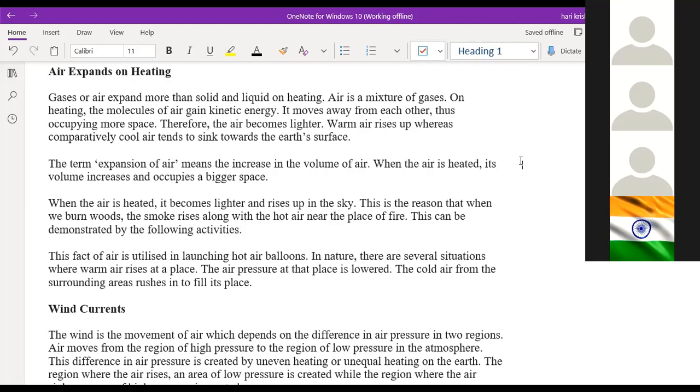Therefore, the air becomes lighter. Warm air rises up, whereas the comparatively cool air tends to sink towards the Earth's surface. The term expansion of air means the increase in the volume of air. When the air is heated, its volume increases and occupies a bigger space.